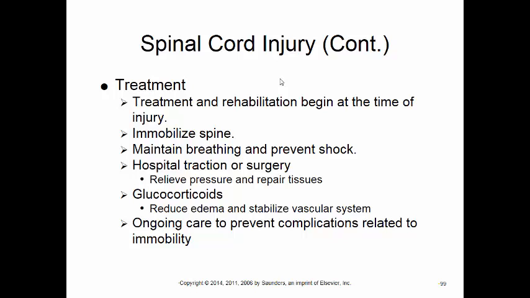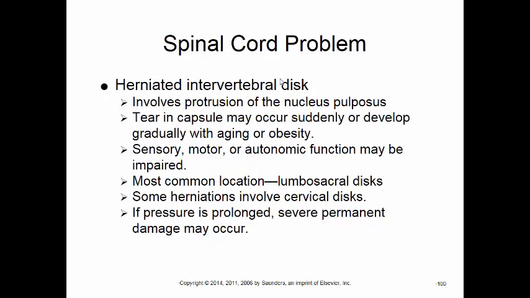We want to immobilize the spine, maintain breathing, and try to prevent shock. Hospital traction and surgery: traction is going to try to put the bones back in alignment, and surgery will relieve pressure on impaired tissues. Glucocorticoids, or steroids, will reduce edema and inflammation. Ongoing care to prevent complications.